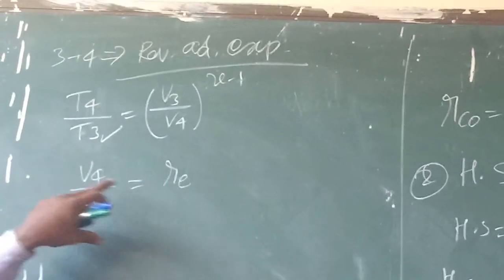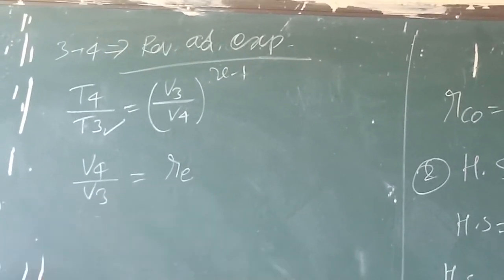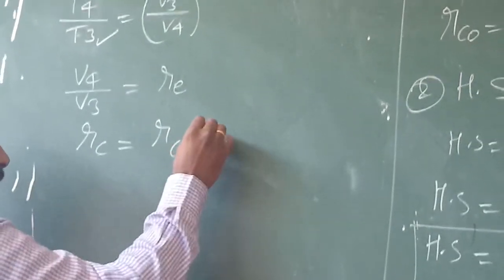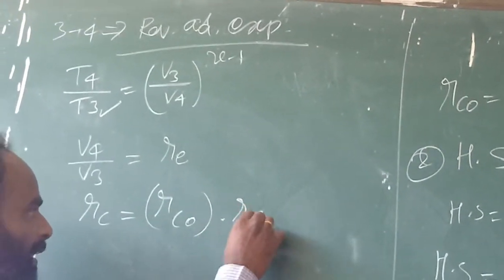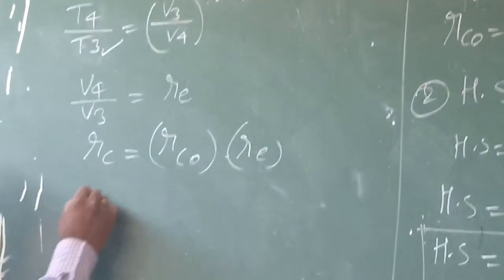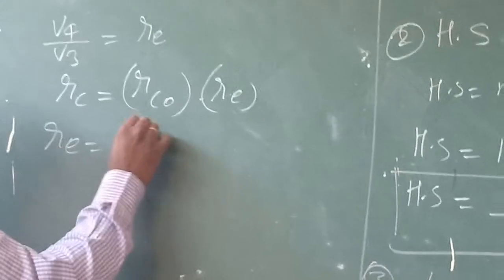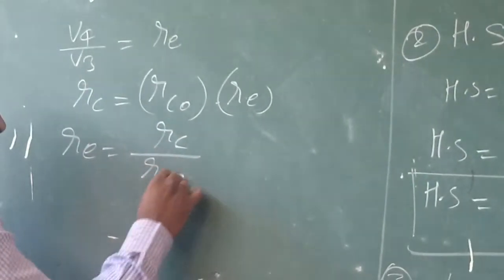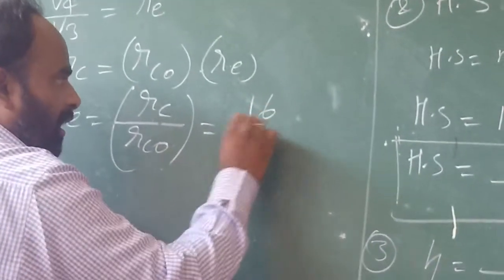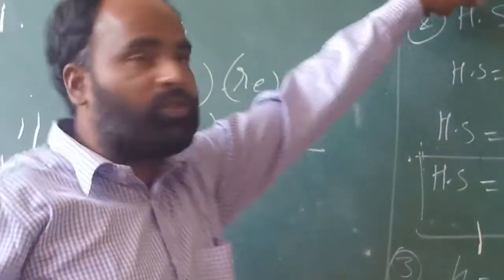For the expansion ratio, we know one more formula: compression ratio equal to cutoff ratio into expansion ratio. From this we can find the expansion ratio equal to RC divided by RCO, where RC they given in the problem as 16 and RCO we have calculated in the first question.